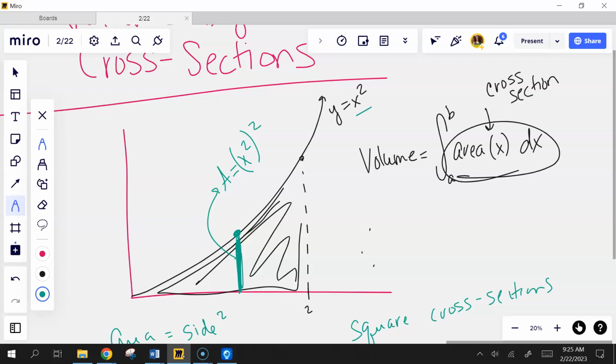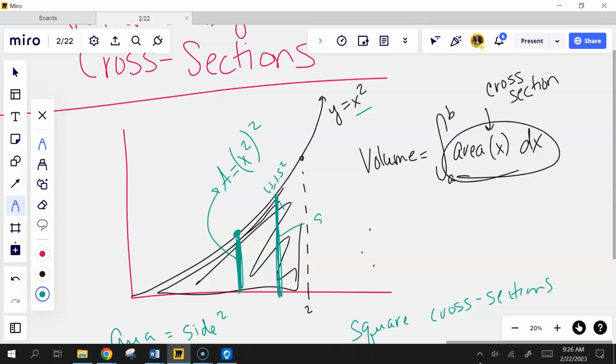Because this square is coming out, no matter where I go, if I went to, let's say, 1.5, well, the square that sits at 1.5, this point is 1.5 squared, right? So this height is 1.5 squared.